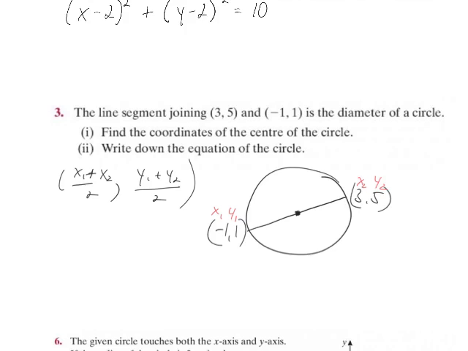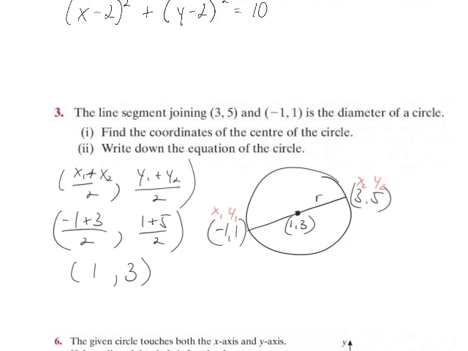Okay, so x1 is -1 plus 3 over 2, and here we have 1 plus 5 over 2. This is our midpoint, and that gives us 1, and 1 plus 5 is 6, divided by 2 is 3, so 1, 3. Yeah, so this point now is 1, 3, and this is our center. So what we still need to get is the radius.